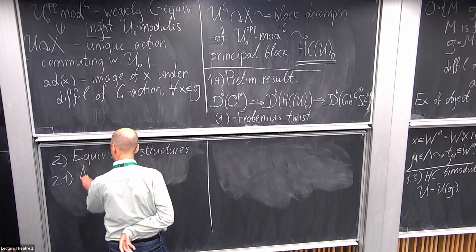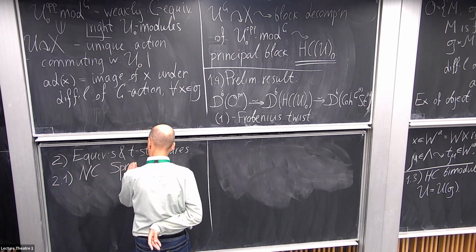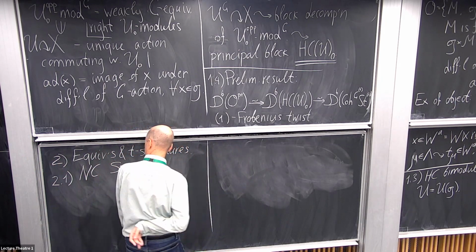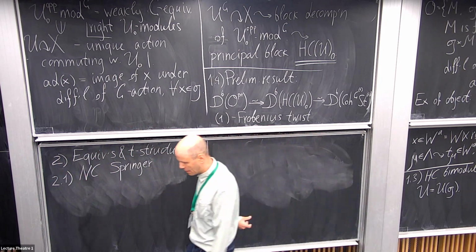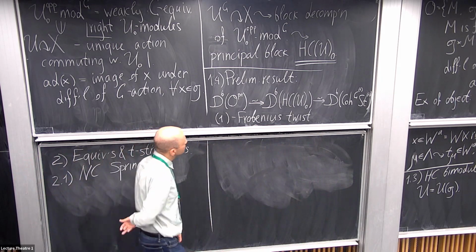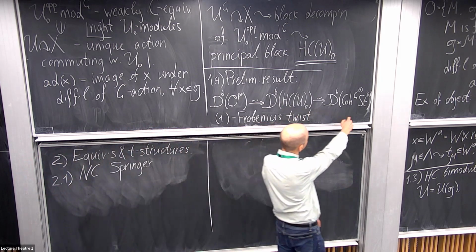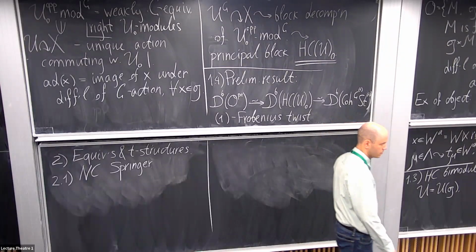And I'm not going to give too many details about it, and it's called NC Springer. Well, the full name is non-commutative Springer resolution. And this is due to Bezrukavnikov. So that's something which I need to first tell you what happens with default t-structures here, and also to actually give proofs of these results.